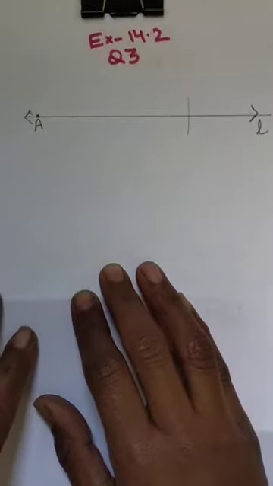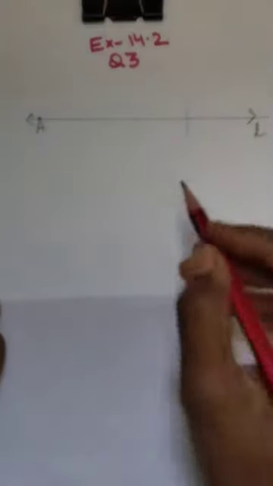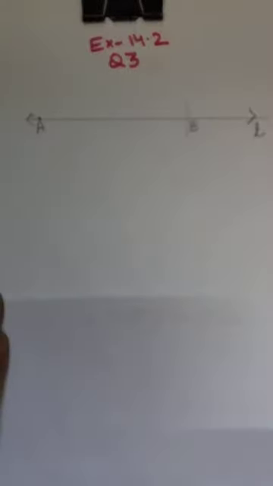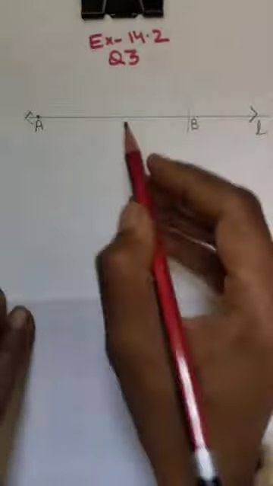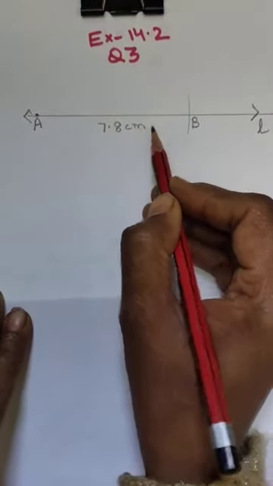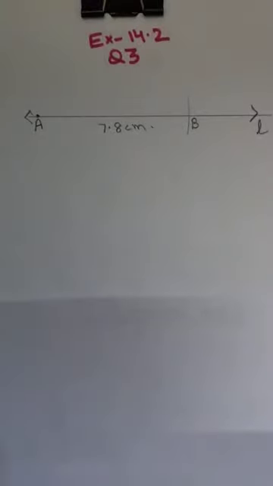It will cut line L at B. Give it name. So this AB is 7.8 centimeter. Now after that, what is asked in this question?